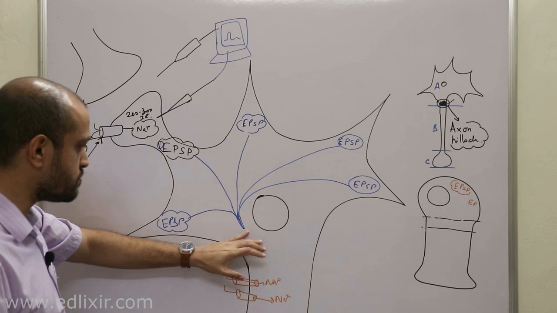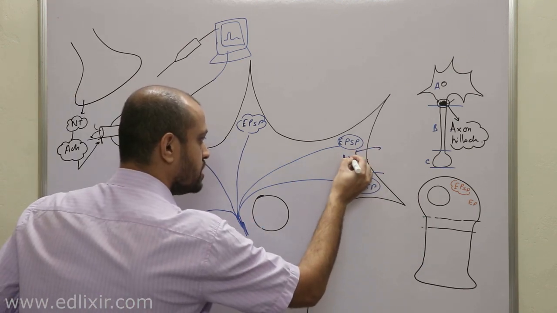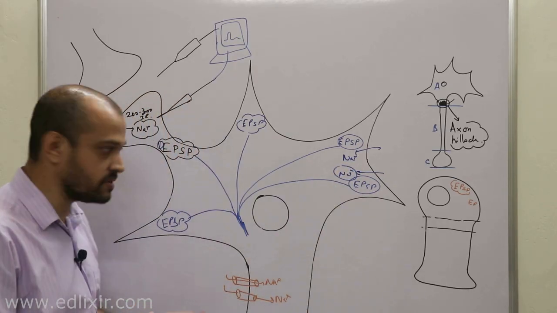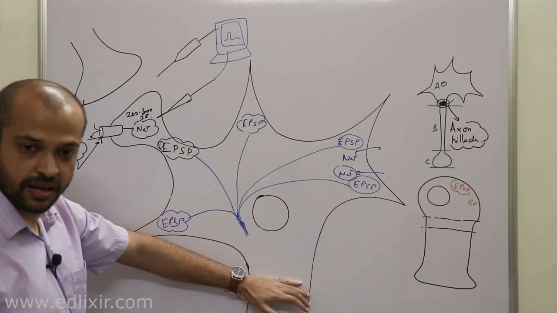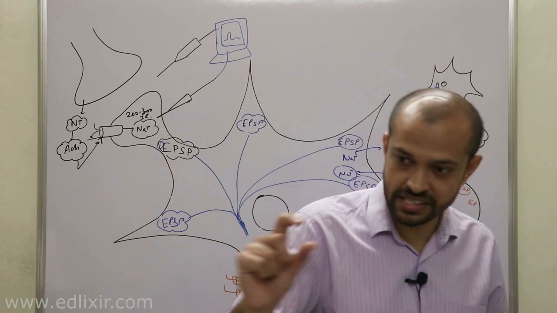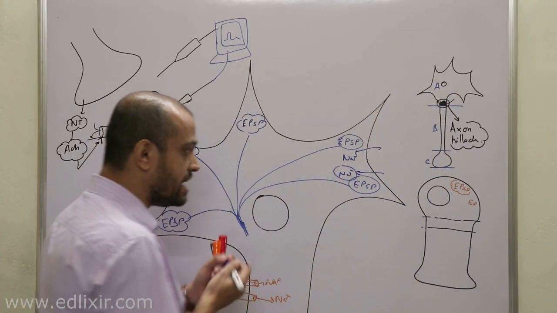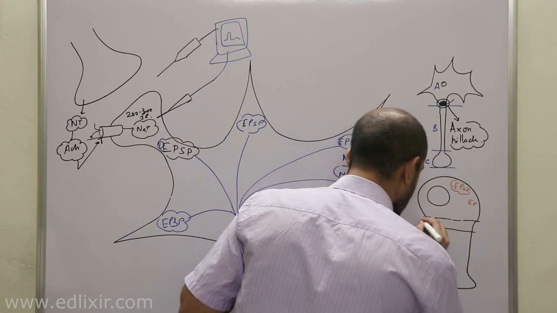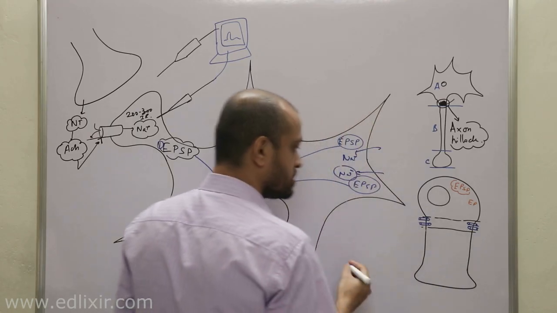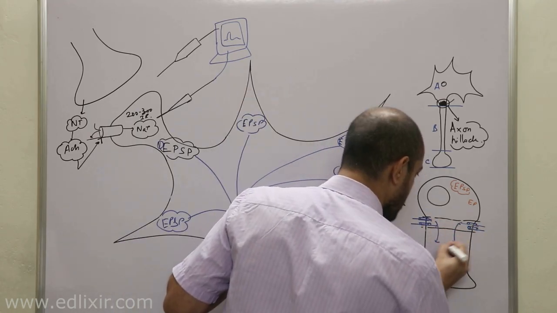This excitatory postsynaptic potential starts the conductance of sodium, and due to this there is a huge potential difference between this area of the membrane and this area of the membrane, and therefore these voltage gated sodium channels detect the voltage changes and open in the axon hillock area. Whenever these voltage gated sodium channels open, a huge amount of sodium will now rush in, starting the process of action potential.